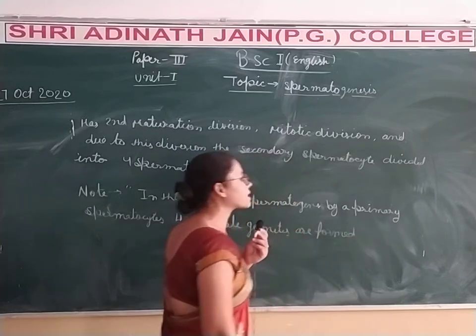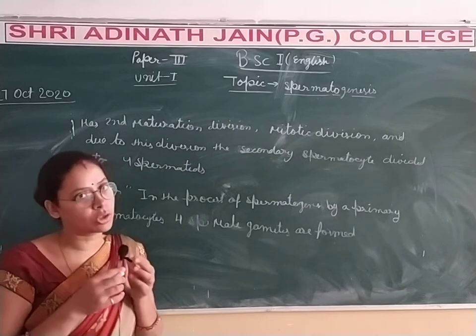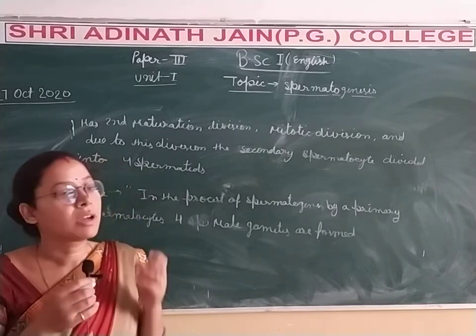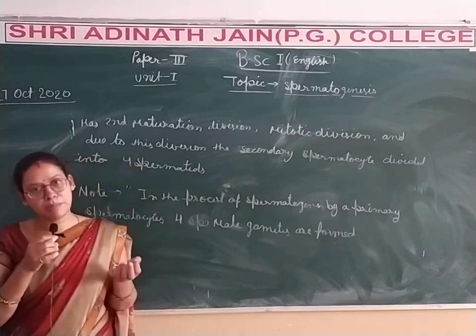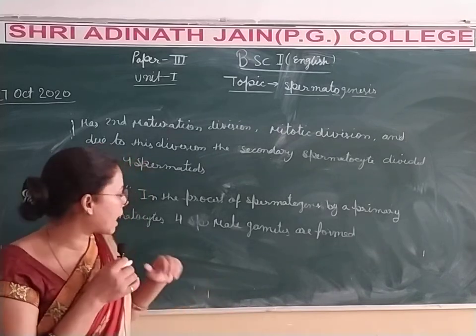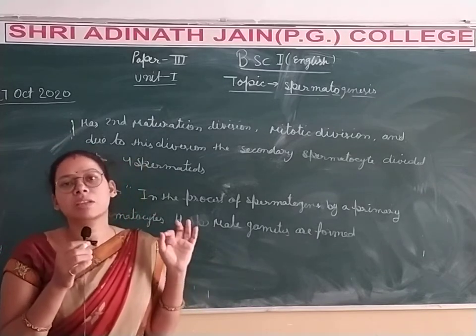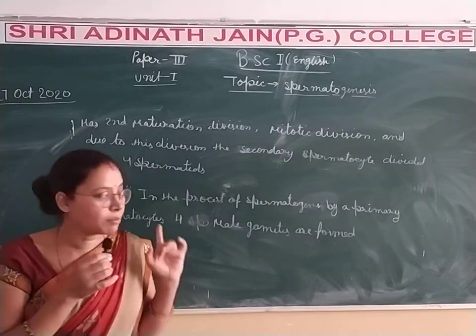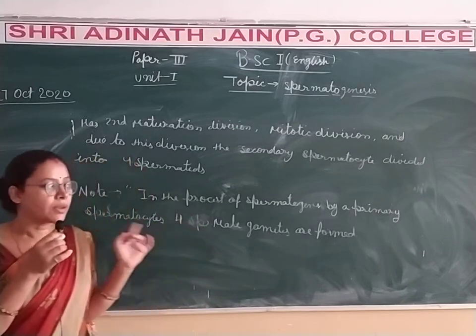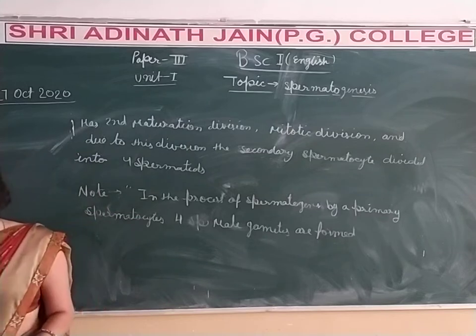This question is asked most of the time in competition exams as well as in your theory paper exam: if from one primary spermatocyte, how many sperms are formed? So the answer is: by the process of spermatogenesis, from one primary spermatocyte, they form four sperms, or male gametes. Note down this.